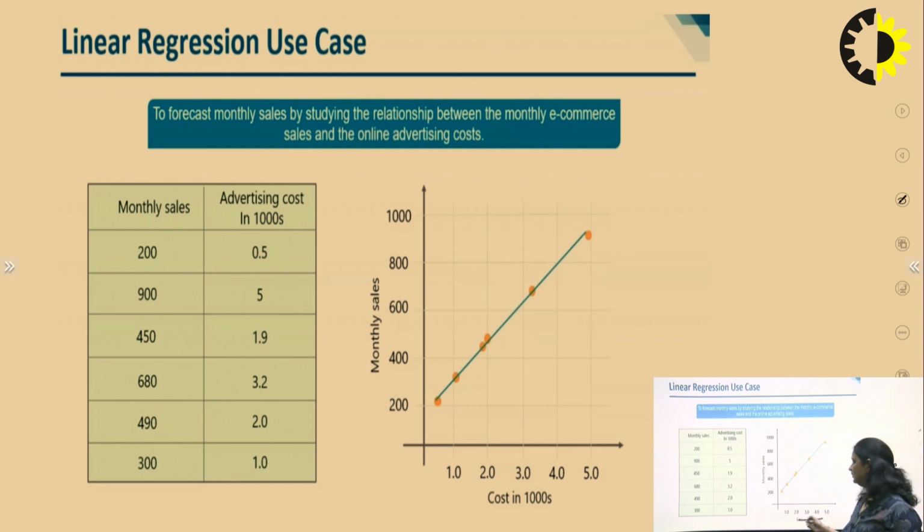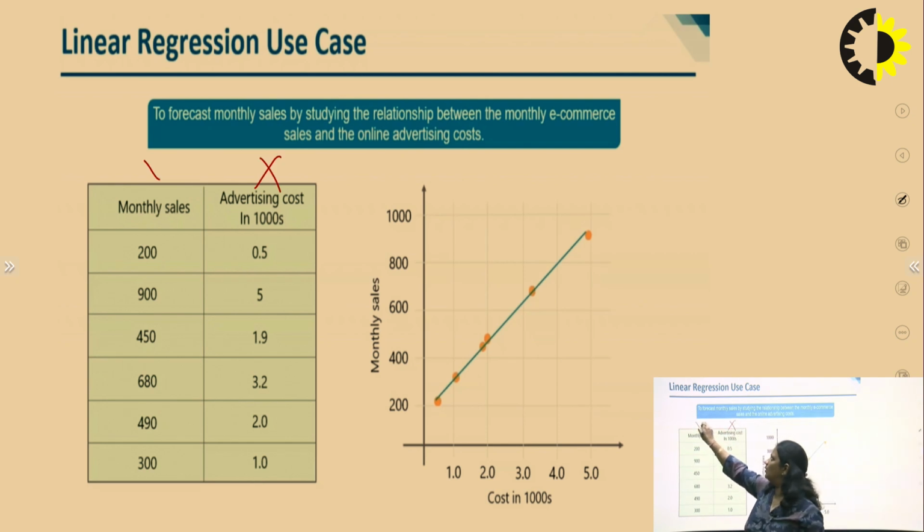In this example we have advertising cost in 1000 and monthly sale 2900, 450, 60 and so on. Advertising cost in 1000 is the independent variable and monthly sale is the dependent variable. This will be the value of x, this will be the value of y.